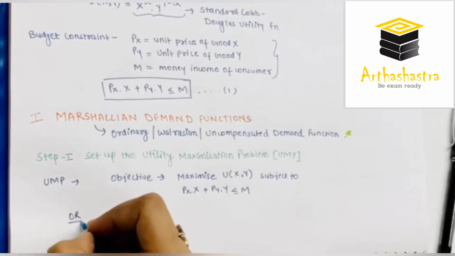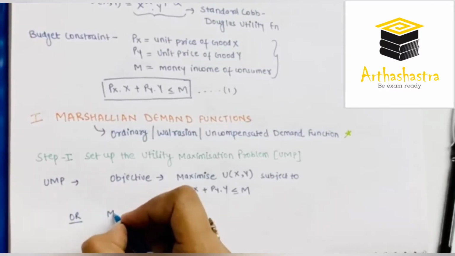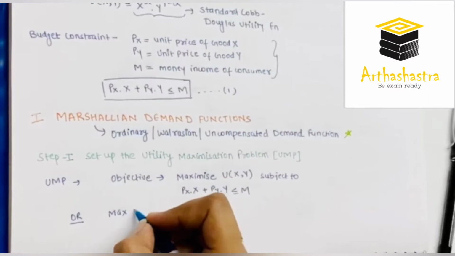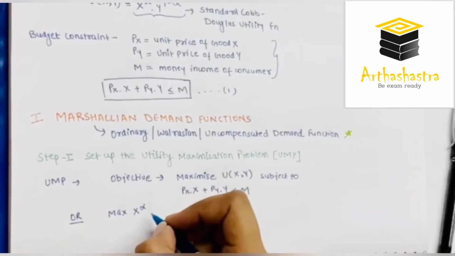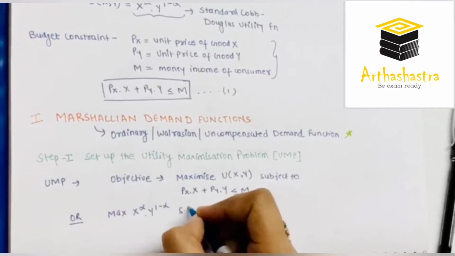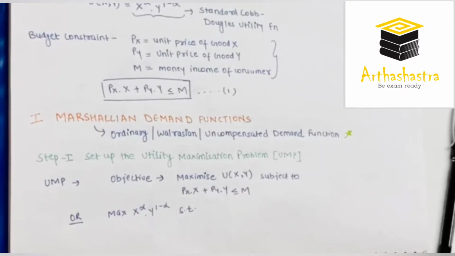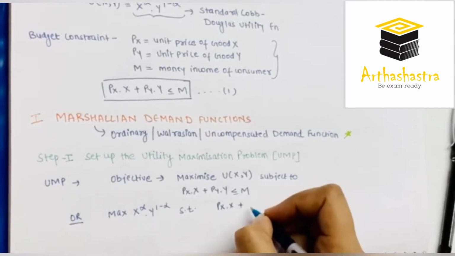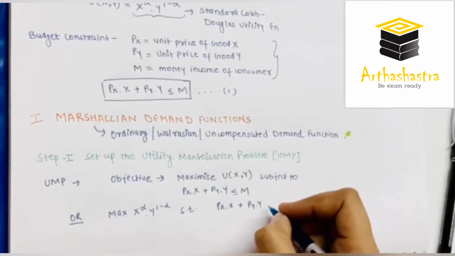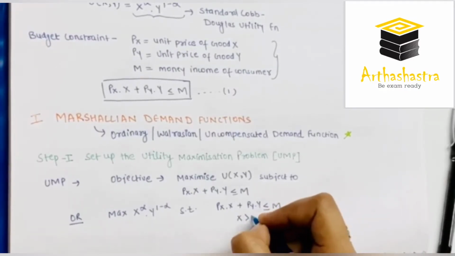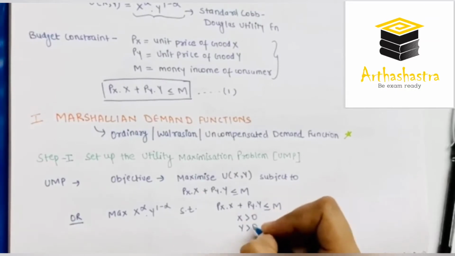Or in the specific case, maximize the utility function x raised to alpha times y raised to 1 minus alpha, subject to, ST stands for subject to, the budget constraint px times x plus py times y less than or equal to m, x greater than 0 and y greater than 0.